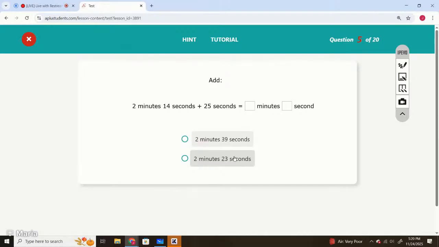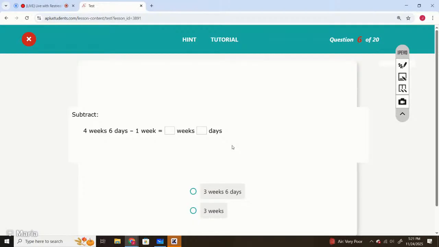2 minutes 14 seconds plus 25 seconds. So which is the correct option? Very good. Option number one is the correct option. 4 weeks, 6 days minus 1 week.